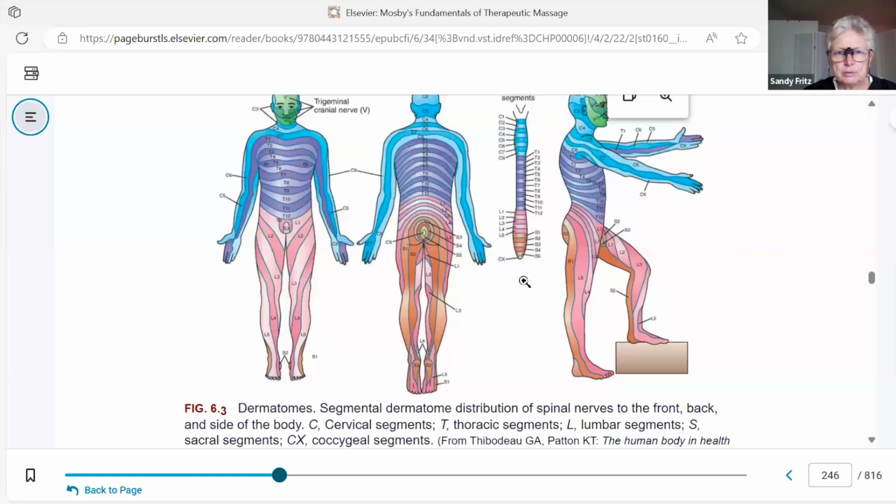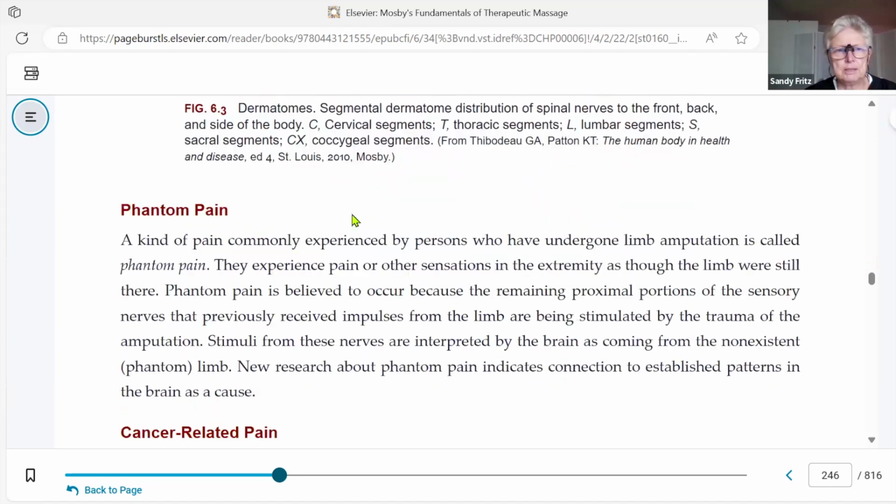These are the dermatome areas where you can get referred pain when there's a nerve impingement. Phantom pain, they don't understand that really well. It could be some persistent sensation coming from the end of the amputation.